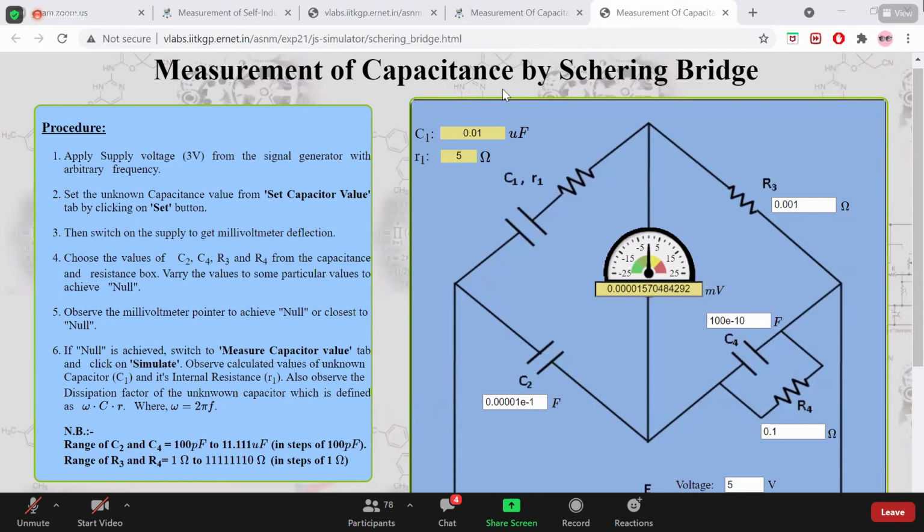By putting different capacitors and different capacitance values, we get the unknown capacitance value, and by changing the values, we get the voltage as null. If you get the voltage as null, then the bridge is in balance. If the 4 arm resistances are equal, then the bridge is balanced. Okay, all right.